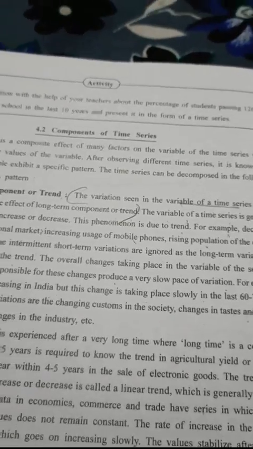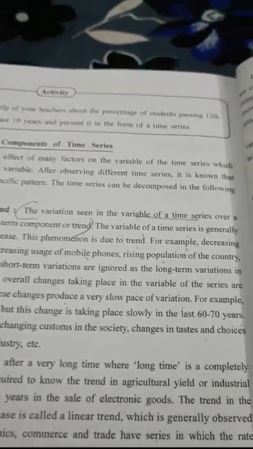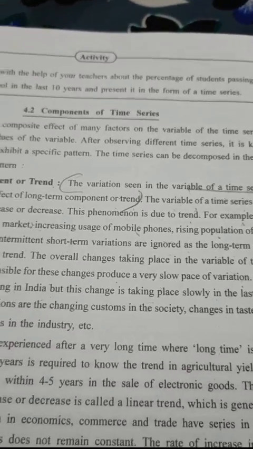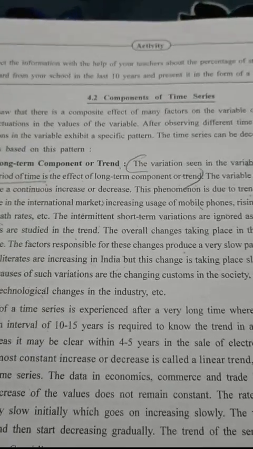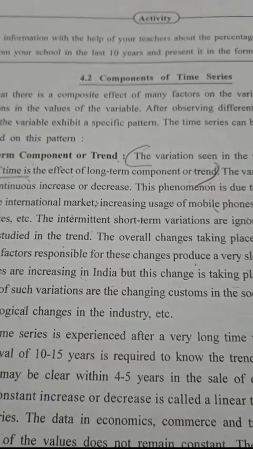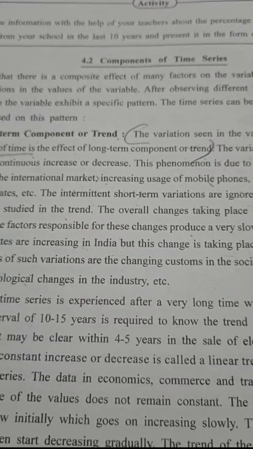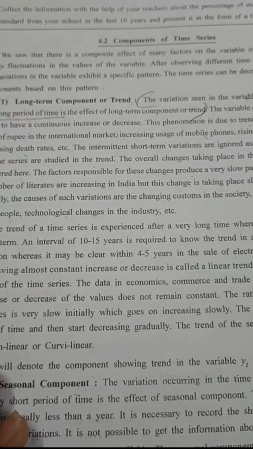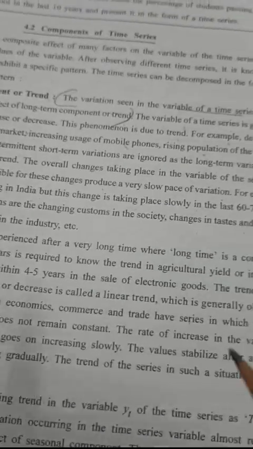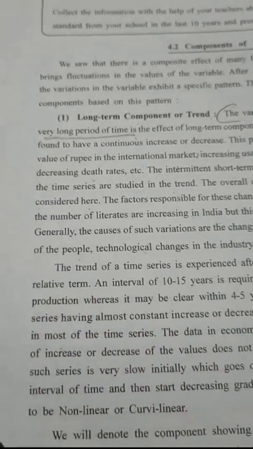Because society is changing, the taste and preference of the people are changing, and the industry's technology is changing day by day. So as the changes occur slowly, in the long term also the variations take place at a slow pace. Is that clear?